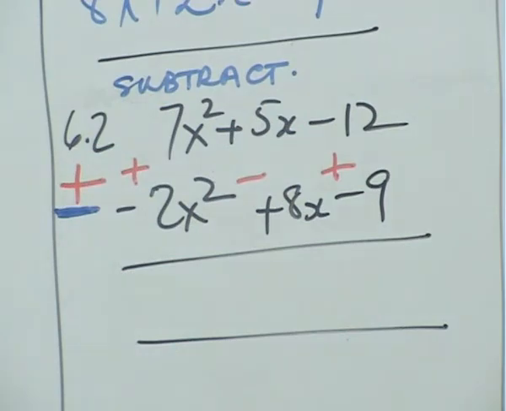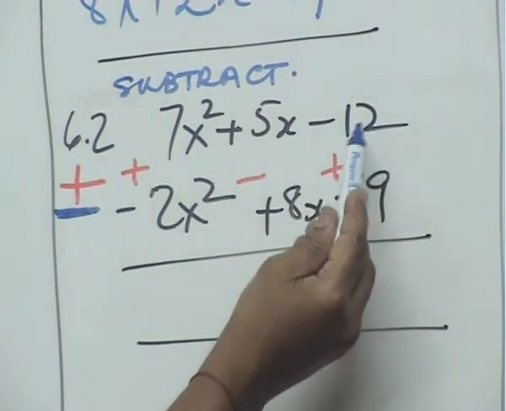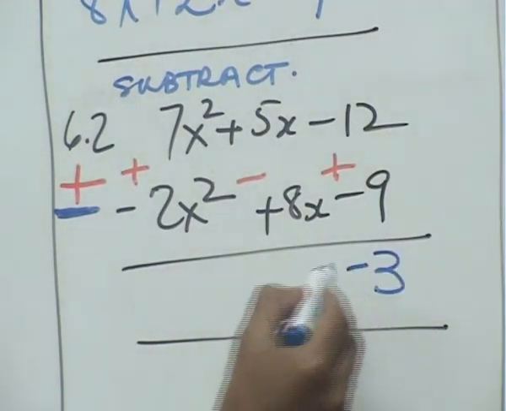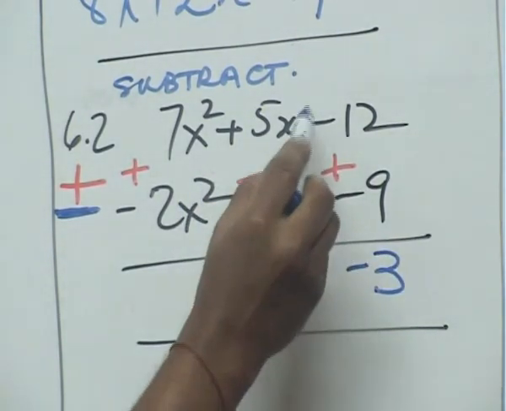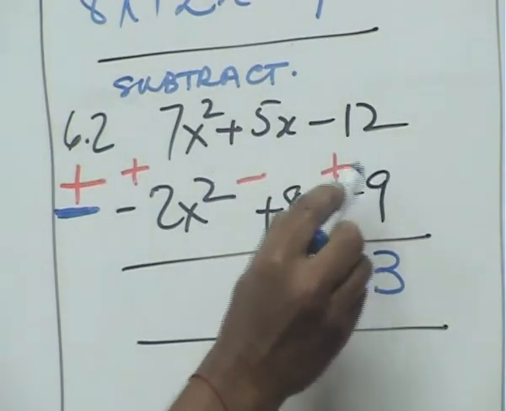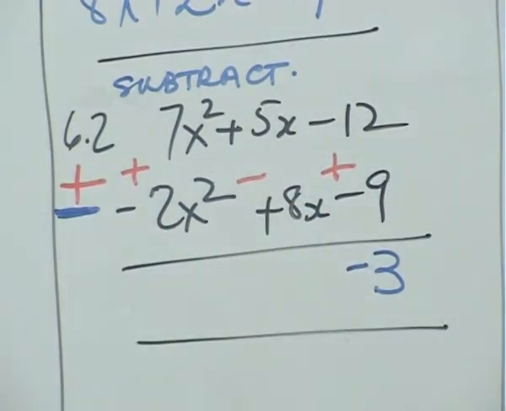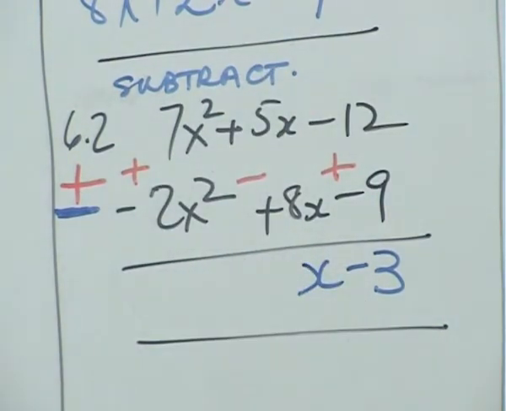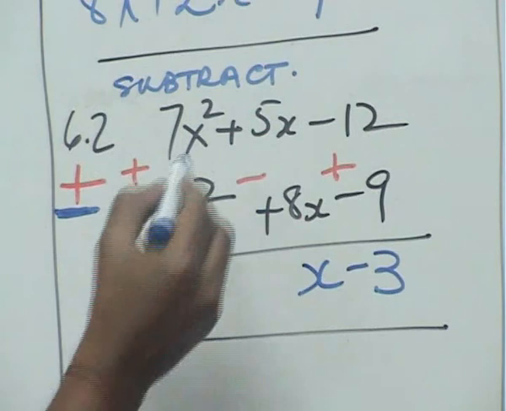And now to get the answer, we are adding minus 12 and plus 9. That gives you minus 3. Now in this column we are dealing with terms in x, so write down the x.